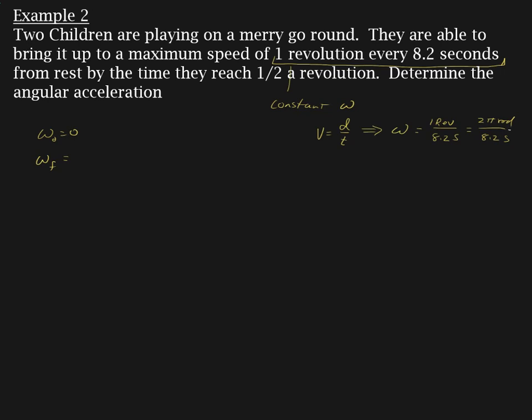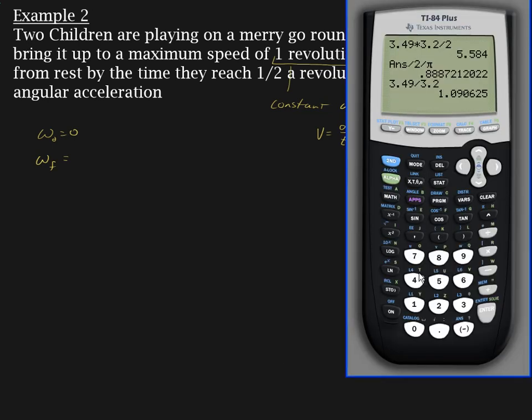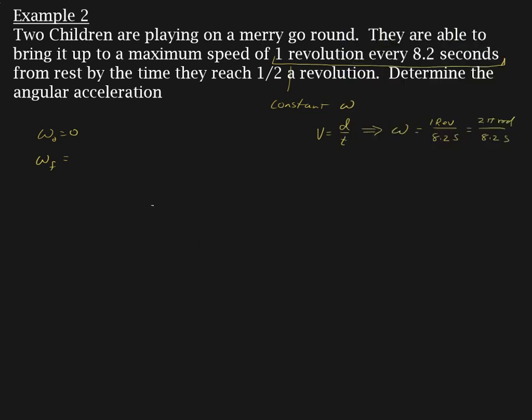And so all we have to do now is the math to get what omega final is. So that's 2 pi divided by 8.2. And that's going to be 0.766 radians per second. So we have 0.766 radians per second.